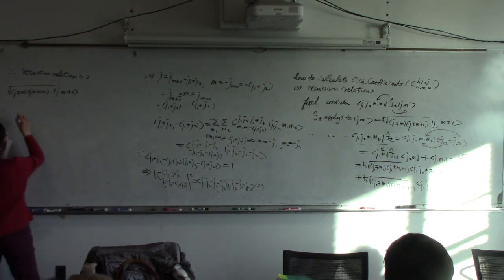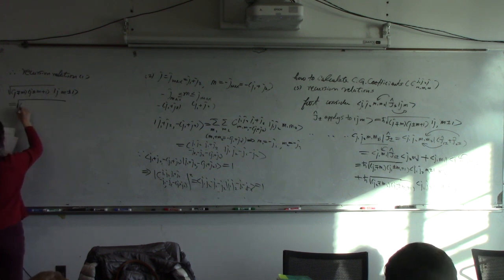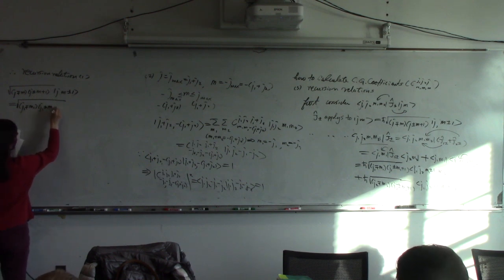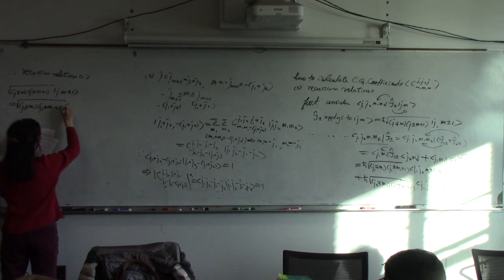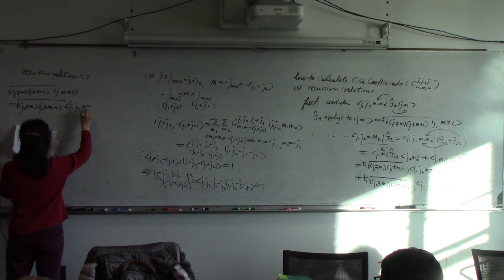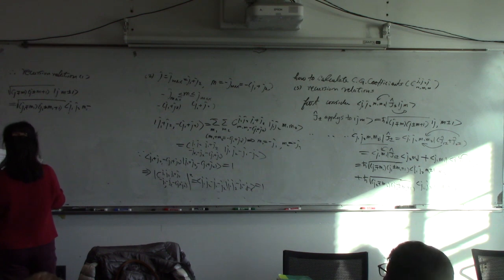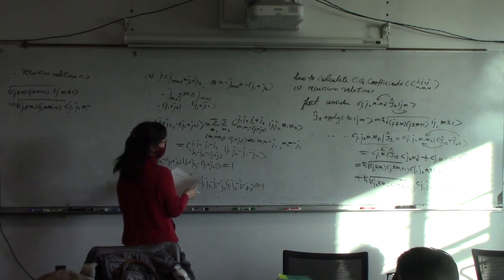Okay, we have two terms. J1 minus plus m1, J1 plus minus m1, and in this case J1, J2, m1 minus. Yes, I made a mistake.